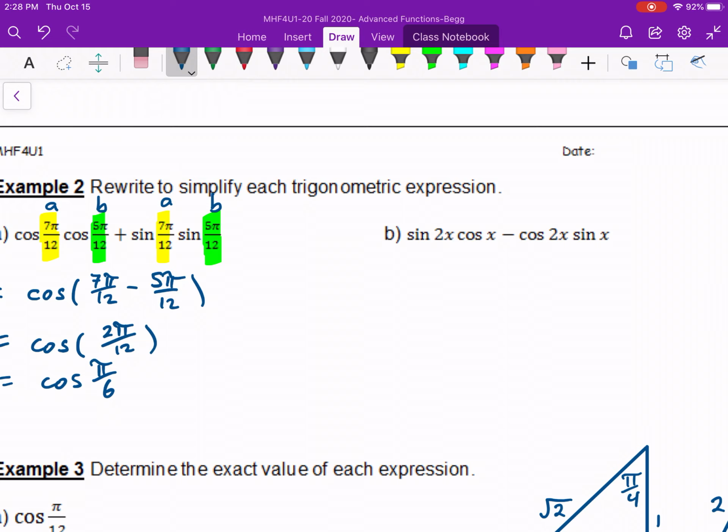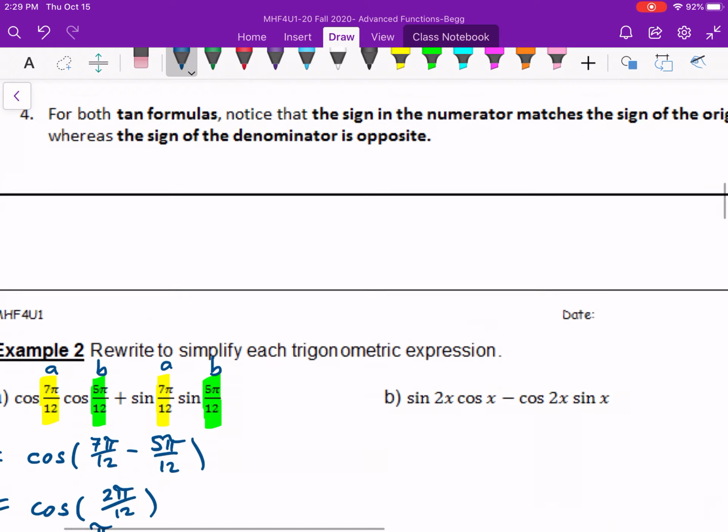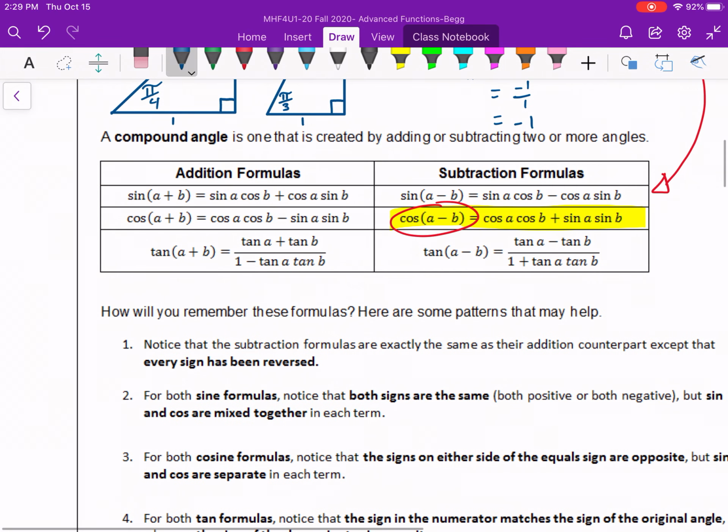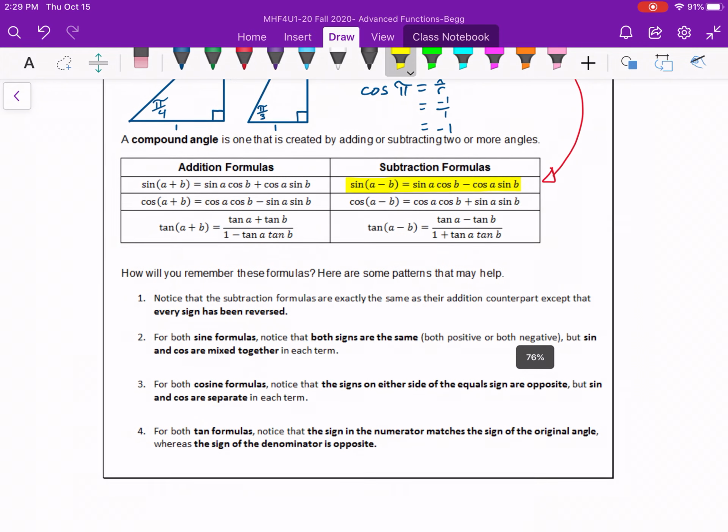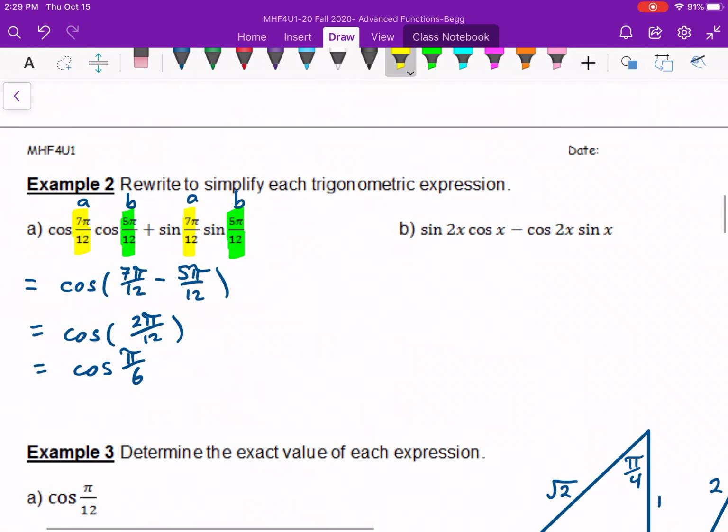Doing the same thing for part B, sine cos minus cosine sine. What does that look like in the formula? Well, it looks like this subtraction formula here. So it's going to be equal to sine of A minus B. But what are A and B again?